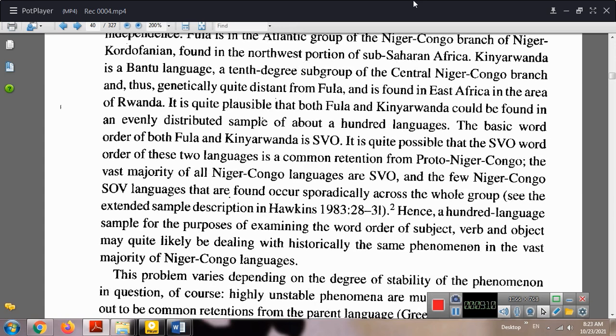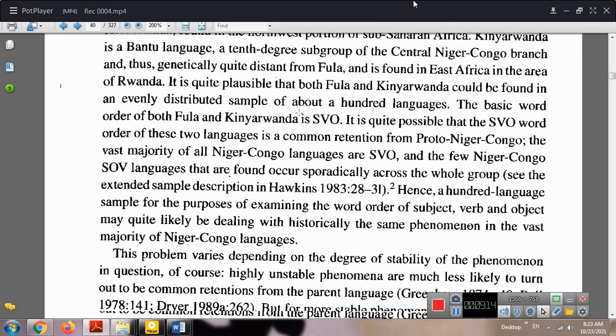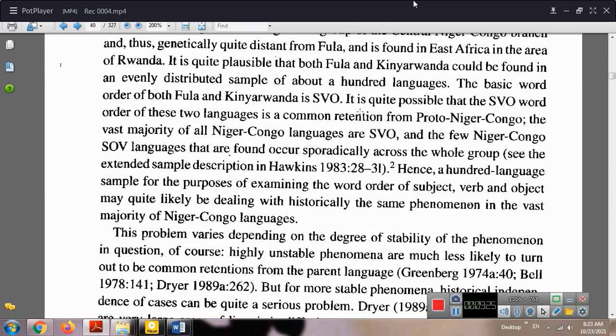It is quite plausible that both Fula and Kinyarwanda could be found in an evenly distributed sample of about 100 languages.